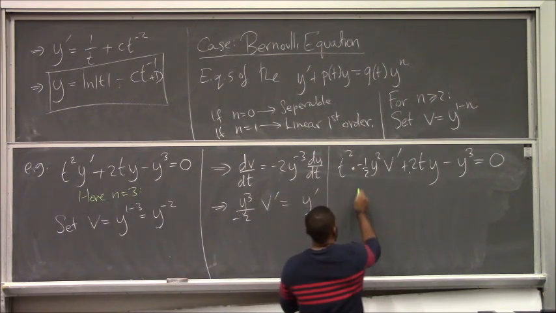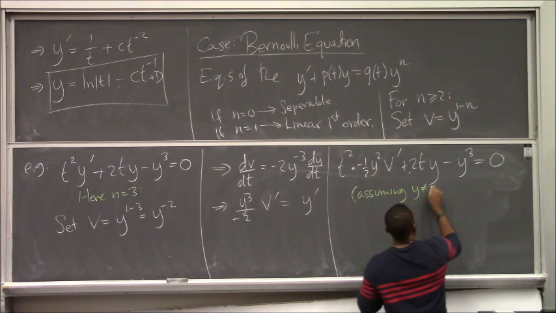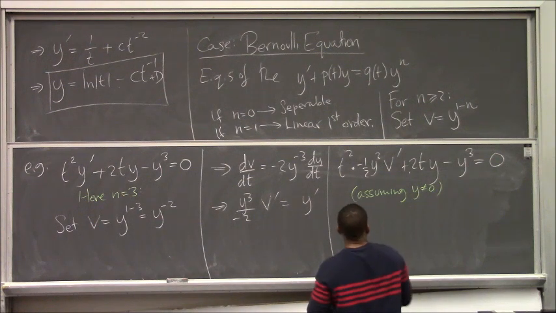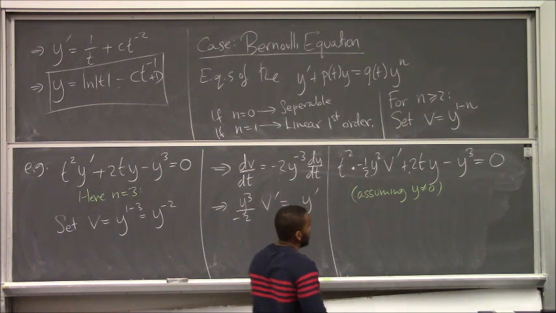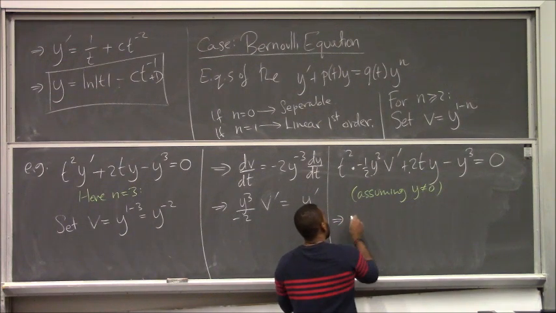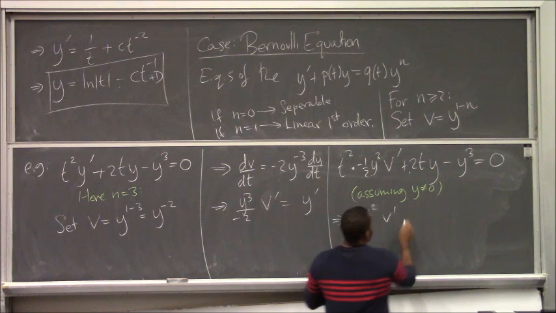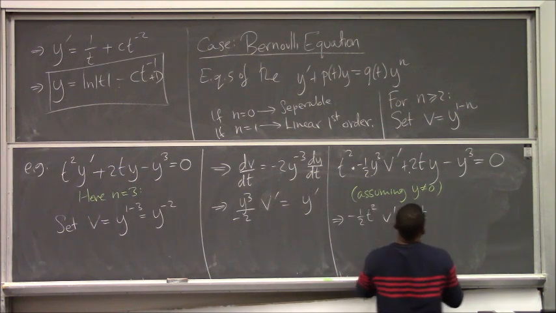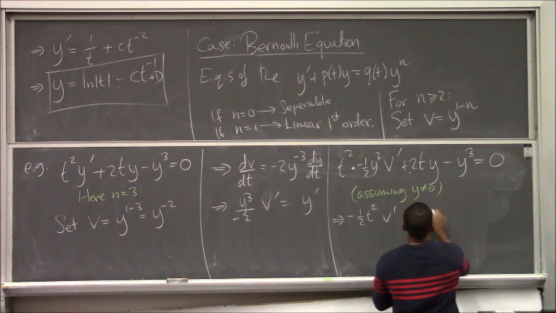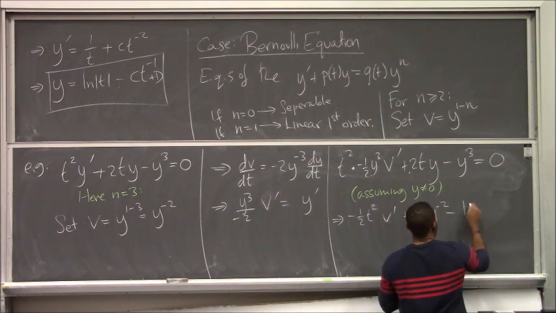The typical disclaimer: we're not looking at the 0 function. I can divide through by y cubed, and you're going to see something amazing happen. You would have minus 1/2 t squared v prime plus 2t. If I divide y by y cubed, I would get y to the minus 2. Divide this by y cubed, I would get 1.